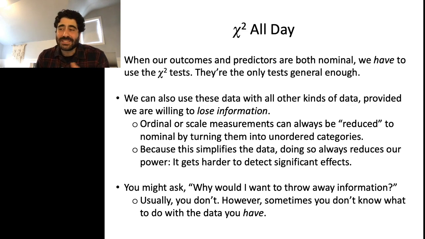It means you're going to lose some sensitivity, but at least you're not going to get an invalid p-value. Making assumptions that are not true about your data is going to give you a p-value that's not particularly meaningful. And so, again, it depends a lot on the situation. You need to really have some expert knowledge in the domain that you're studying to know what the right way is to do this.